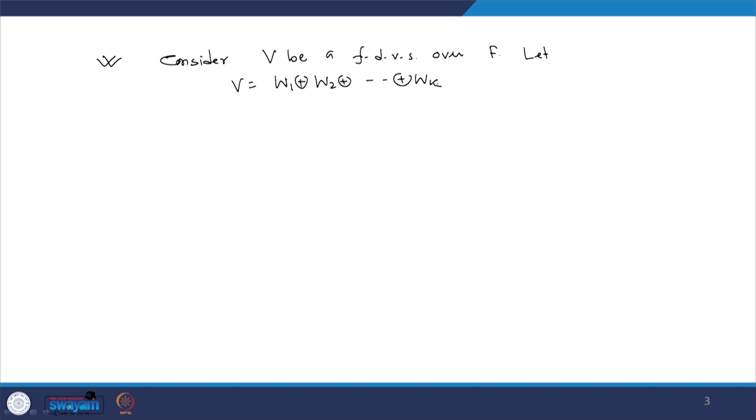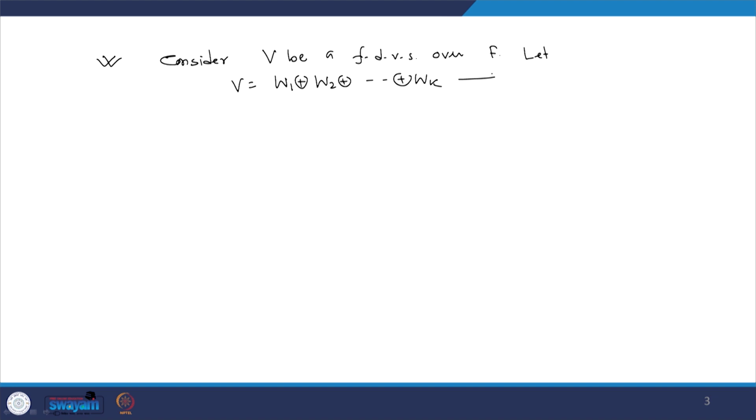So, let me first consider V a finite dimensional vector space over the field capital F. Let V be the direct sum of W1 plus W2 plus Wk. Suppose this information is given to us.